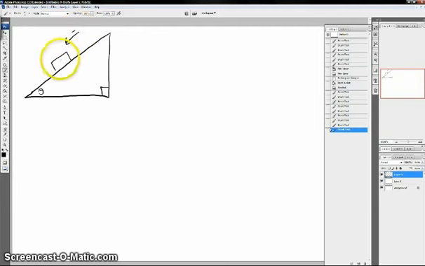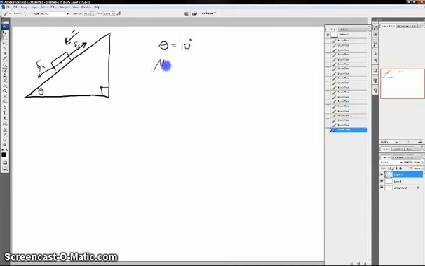If it's being pulled down the incline by the force of gravity, then the force of static friction is going to be resisting that, so it'll be upward. And downward will be the x component of the force of gravity. Alright, so some of the things that we know about this problem: theta is equal to 10 degrees.